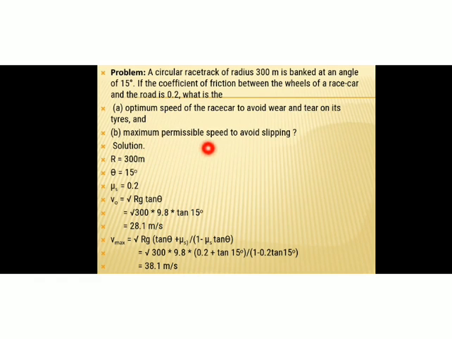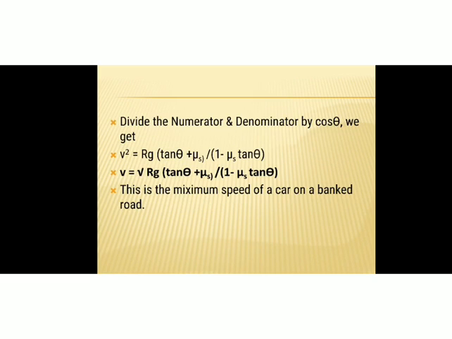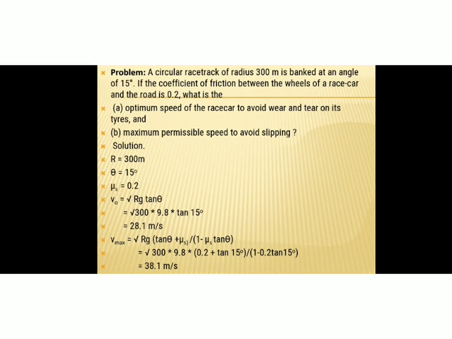And second part of the question is, you must find out the maximum permissible speed to avoid slipping. So what is the maximum speed possible? This is the maximum speed. v equal to square root of rg into tan theta plus mu s by 1 minus mu s tan theta. So here substitute.